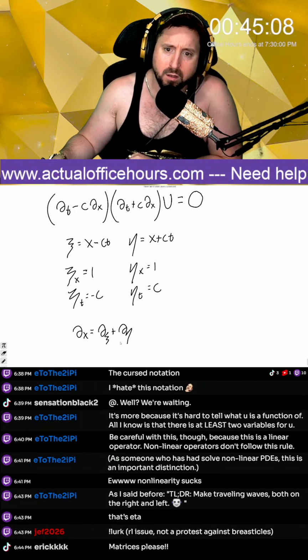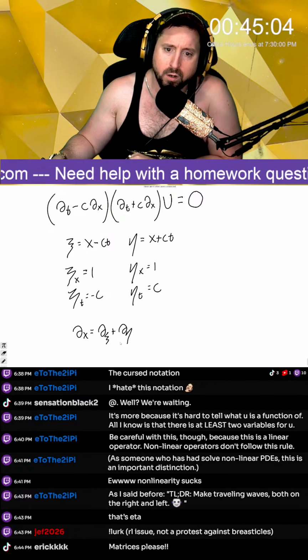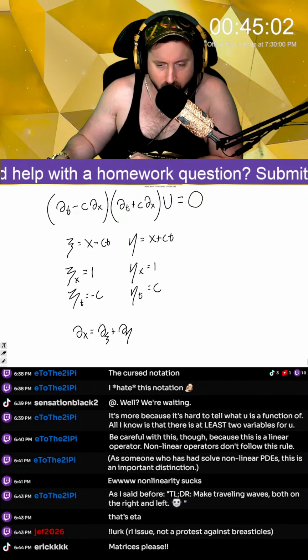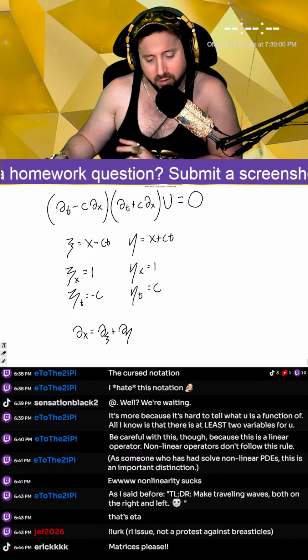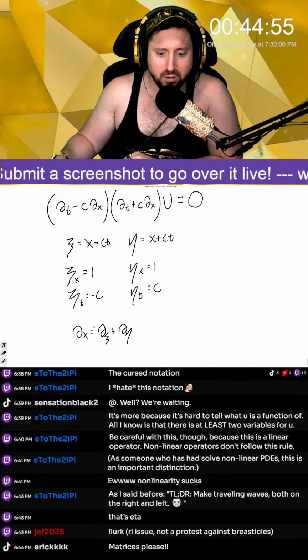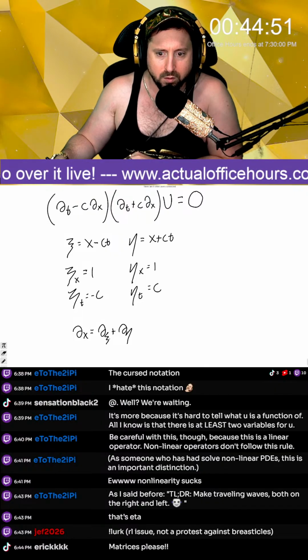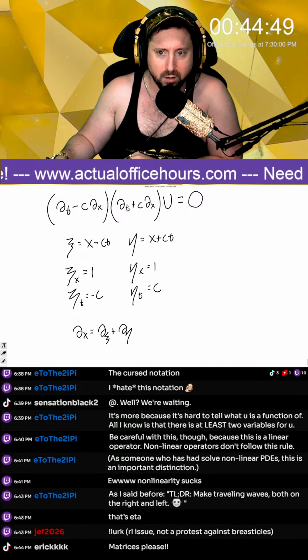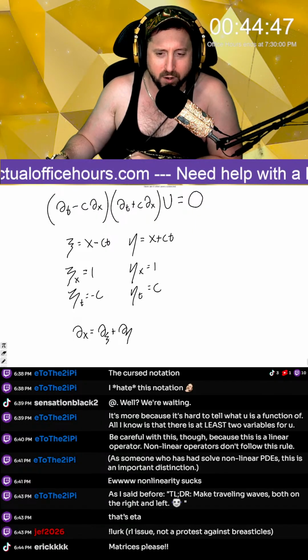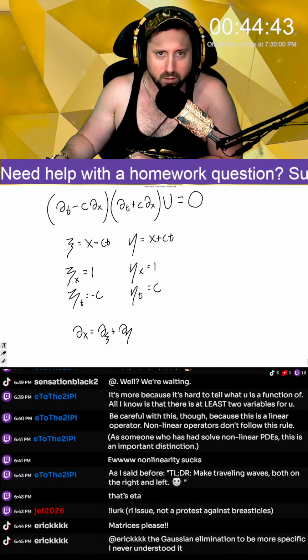Why is that? Okay, I see. Because you're saying the whole derivative has to be the derivative of the transport things. And is there a factor of 1/2 in there, maybe? No, I don't think so.